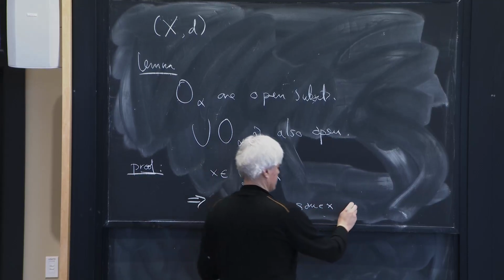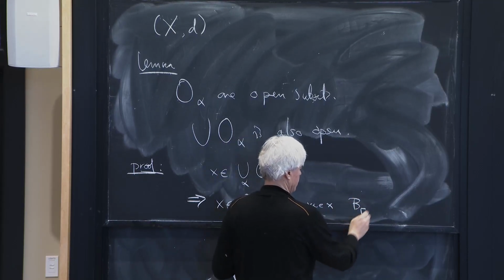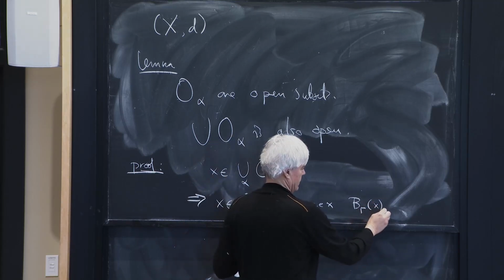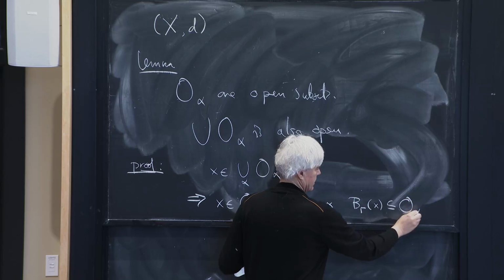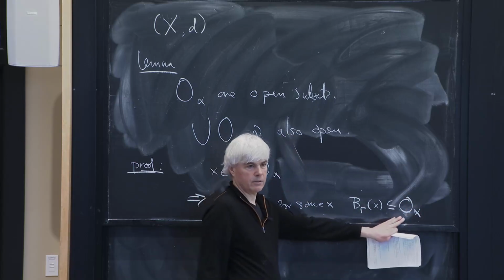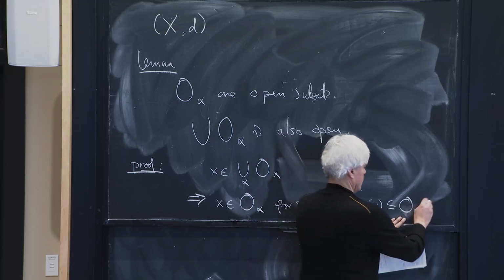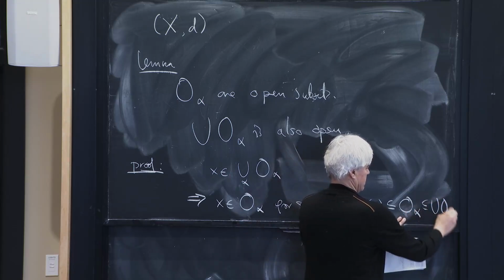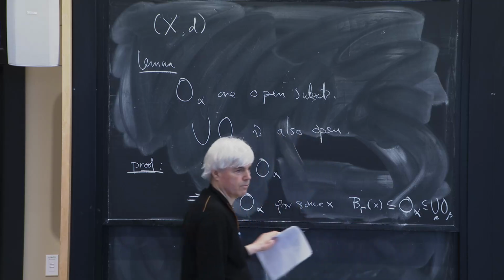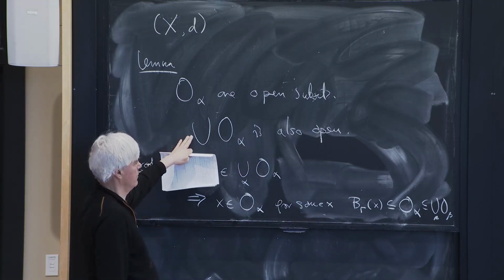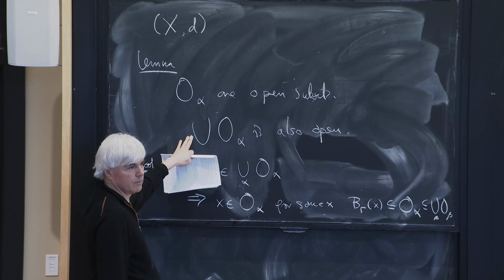But this means that there is a little ball around it that is contained in O alpha, because this is open. But therefore it's also contained in the union of these. And so this is really just a proof that the union of open sets is open.